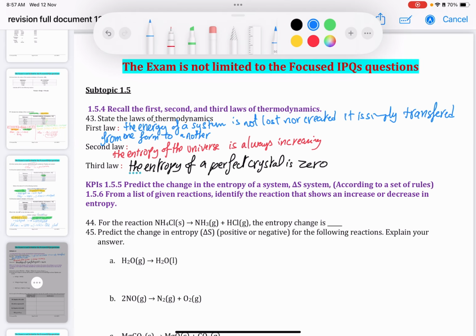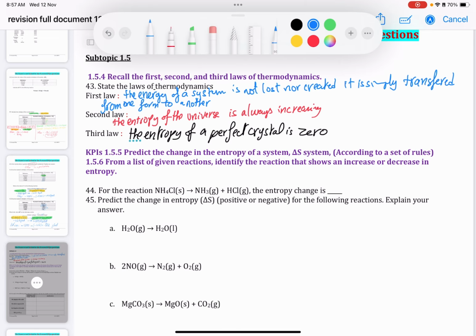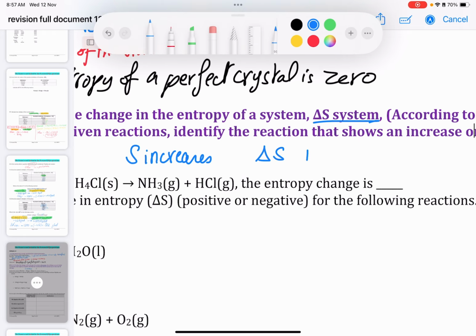Now, we reach the part of the questions where you have to indicate the entropy change of a system, if it's going to increase or decrease. Or sometimes they might ask you if it's positive or negative. So, if you are comparing two objects and you see that S increased, it means the delta S is going to be positive.